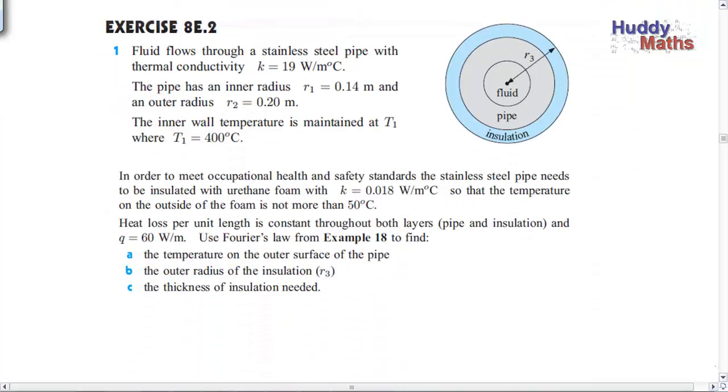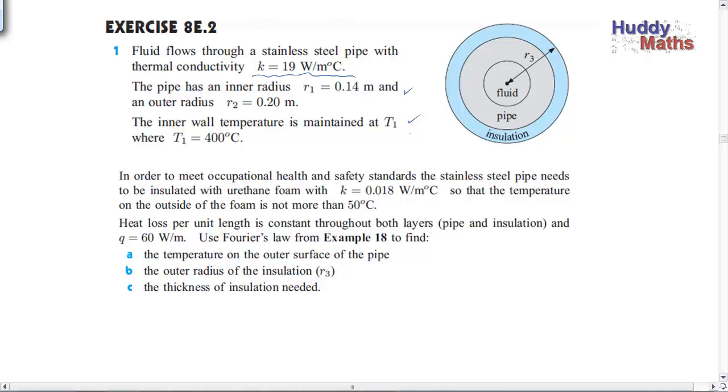Here's our fluid flowing through the pipe idea, and what we've got is a similar situation. So try to use the same ideas. The important thing is that we've got our constant, which we're going to sub in, and we've got the same thing as the original problem. So you'll need to use the same sort of approach.